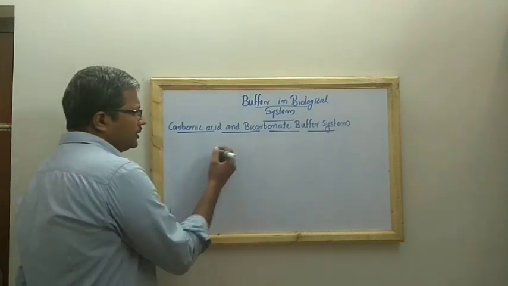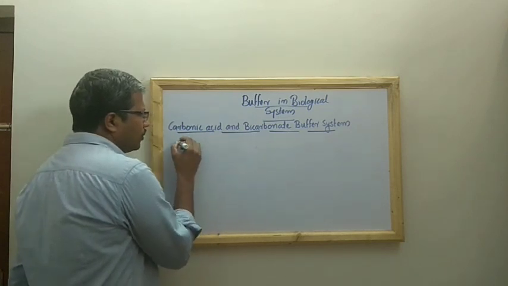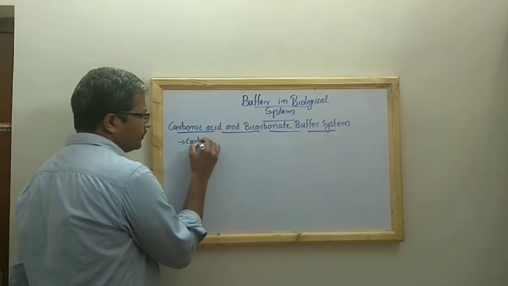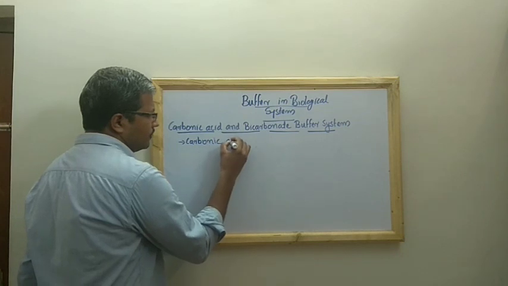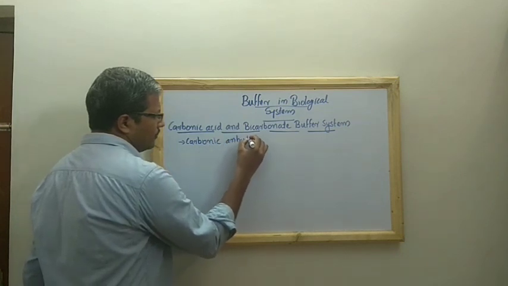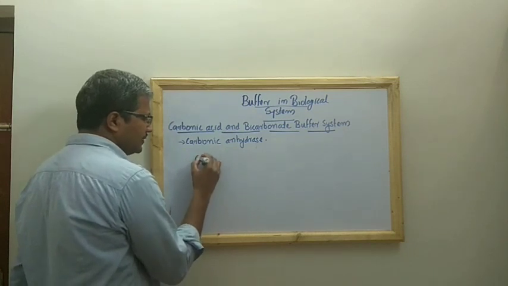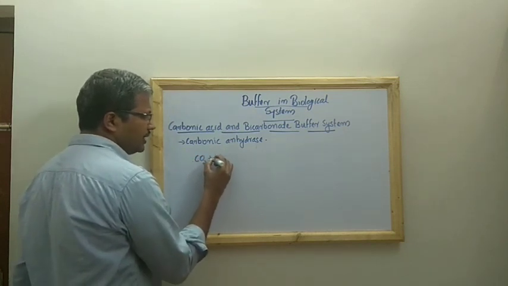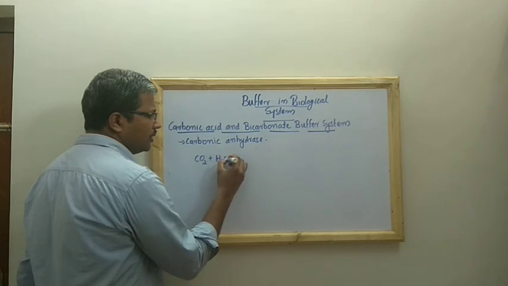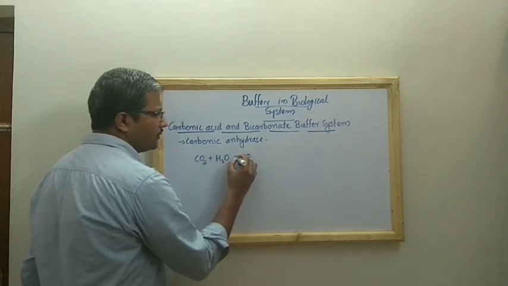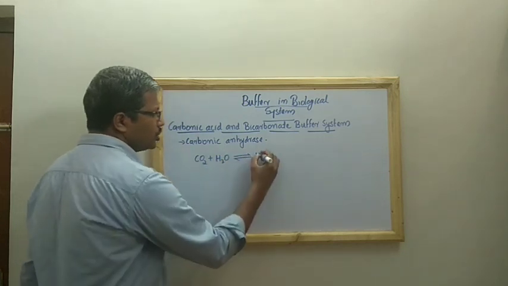There is an enzyme called carbonic anhydrase. This carbonic anhydrase catalyzes this reaction. Carbon dioxide combines with water and forms H2CO3, in a reversible reaction.